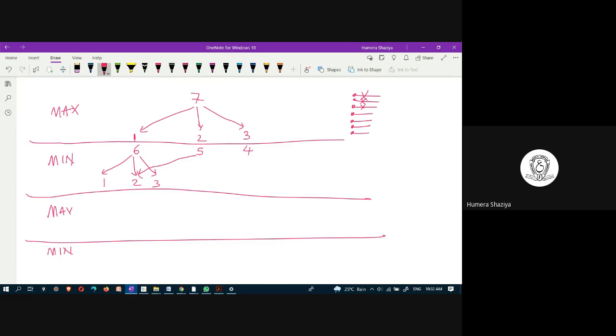Five could choose 1. When 5 chooses 1 and 6 chooses 2, the leftover would be 4.